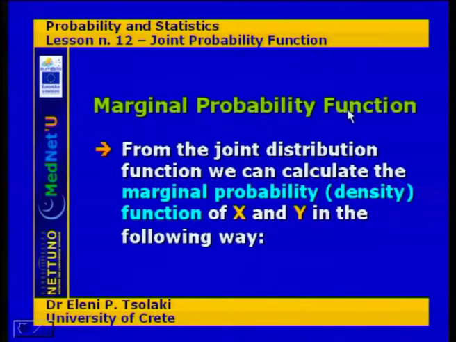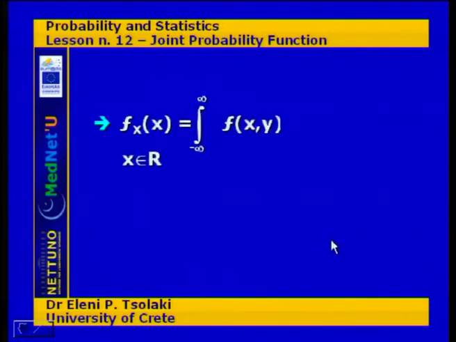And the marginal probability function, the same as in the discrete case, can be calculated from the joint distribution function. So the marginal probability function, which is actually the density function of x and the density function of y, can be calculated if we take the integral of the joint distribution function of x and y over the other variable.